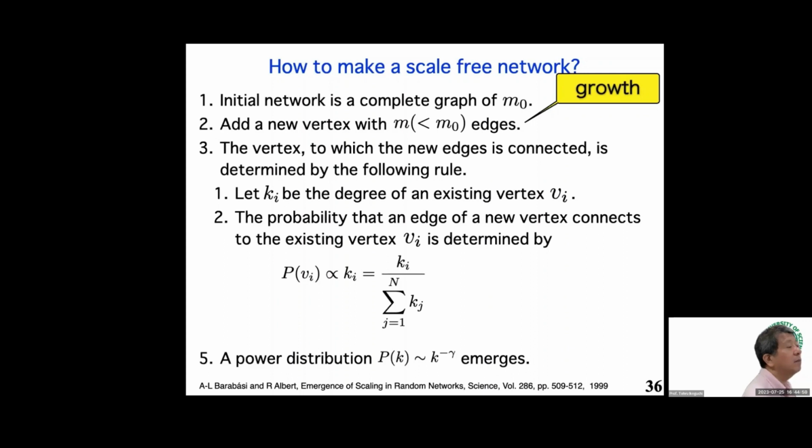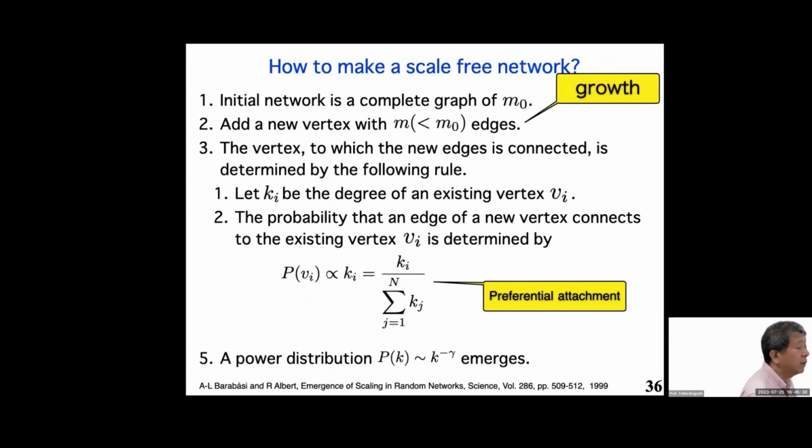Let k_i be the degree of an existing vertex v_i. The probability that an edge of the new vertex connects to the existing vertex v_i is determined by the following equation: P(v_i) is proportional to k_i. This P(v_i) is the probability that the new vertex is connected to the vertex v_i, which has a degree of k_i.